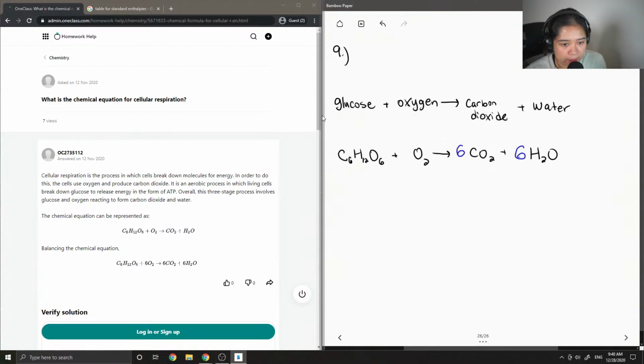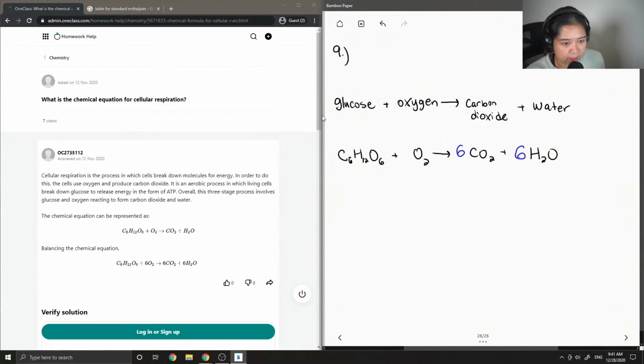So now we have 12 plus 6, which is 18 oxygens. So on our left side, we just have 6. So that brings it back down to 12.